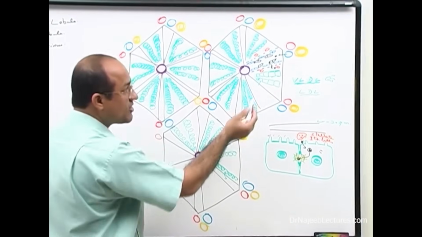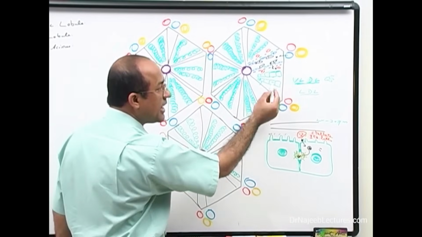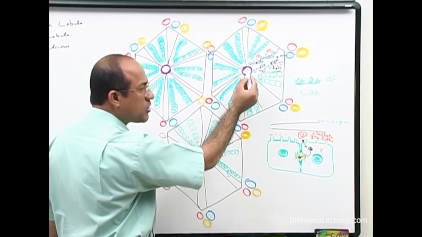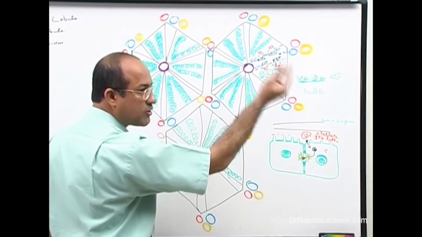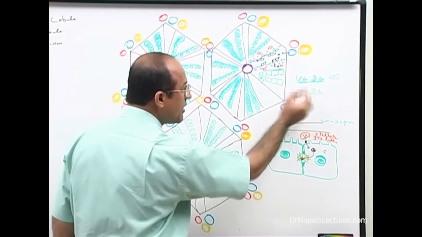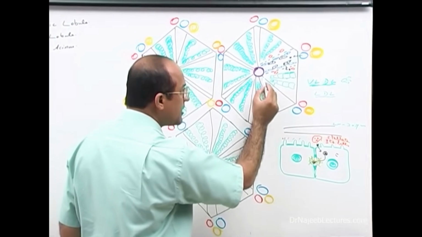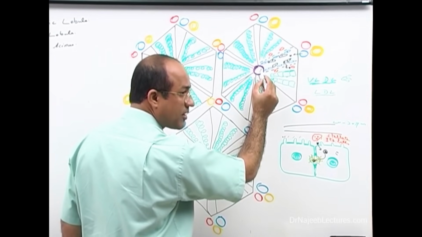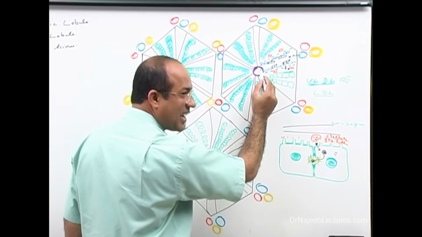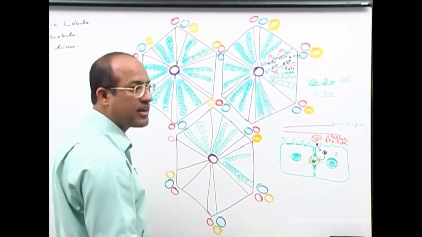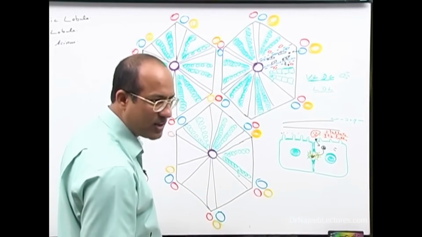So hepatocytes can synthesize cholesterol, pack it into LDL, and LDL will go to the blood. So LDL will be supplied to the peripheral tissues, and VLDL can also be synthesized by them and secreted in the space of Disse, and then they go where? Of course, general circulation eventually, and then triglyceride can be supplied to the peripheral tissues, right?